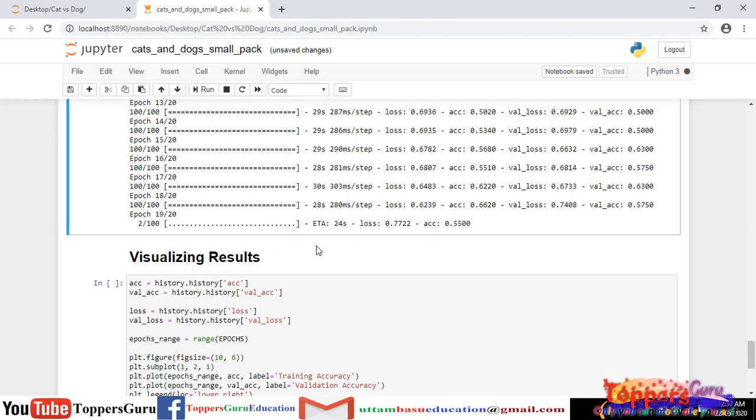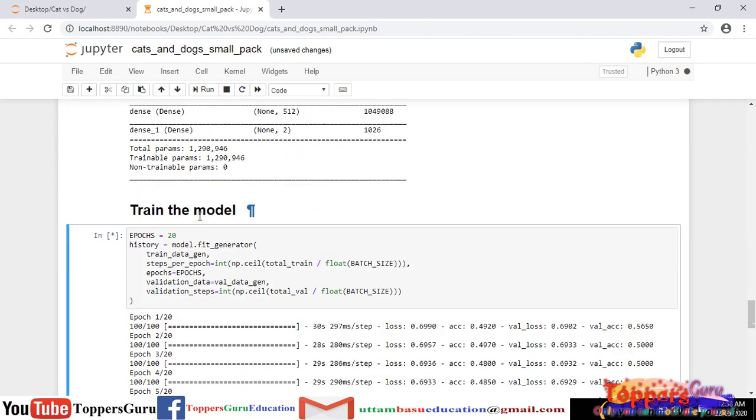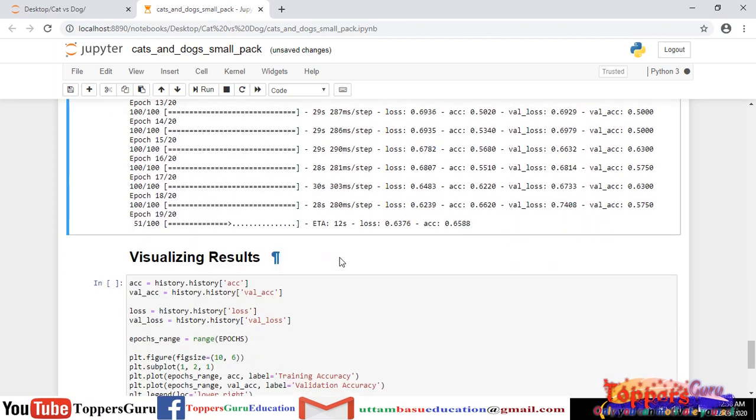It will take more time, that's why I am taking fewer epochs, otherwise it should take more than 50 epochs, and the number of training and test data should also be much higher. If we take more than 5,000 or 10,000 images each for cats and dogs, then our accuracy will be very high.